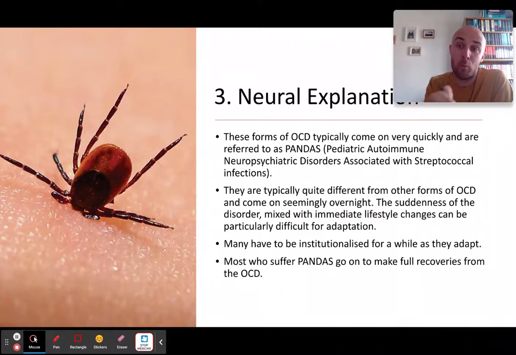PANDAS is a form of OCD that is brutal. That is absolutely brutal. It comes on very, very quickly. The teenager is usually overwhelmed because they're confused about what's happening to them. And it does often actually lead to institutionalization and sometimes suicide.